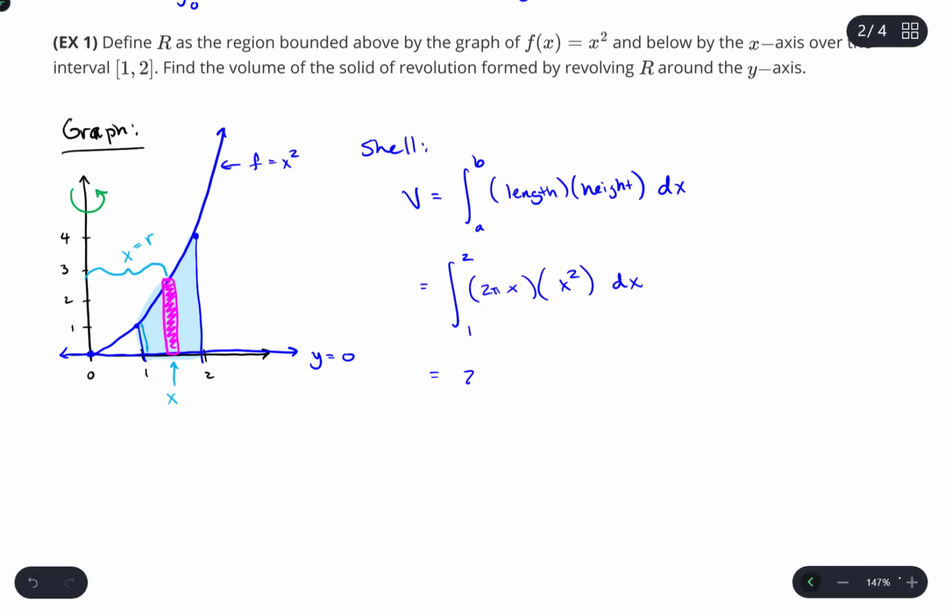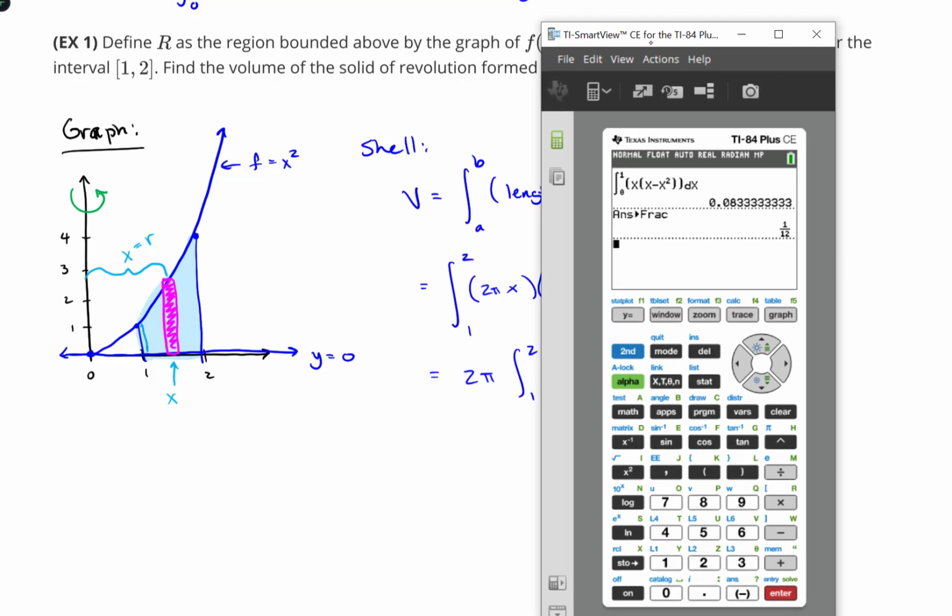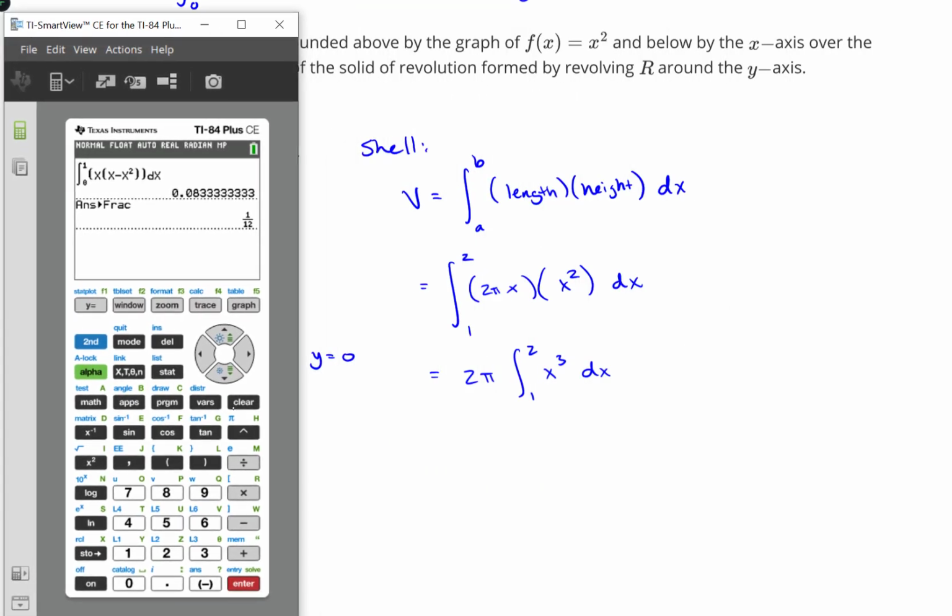We would have, I'm going to factor out the 2 pi, simplify the inside a little bit, and just call it x cubed dx. And to be honest, I could use fn_int, or I probably could skip it on this one. It's a pretty straightforward power rule integral here. But just so I don't make an arithmetic error.